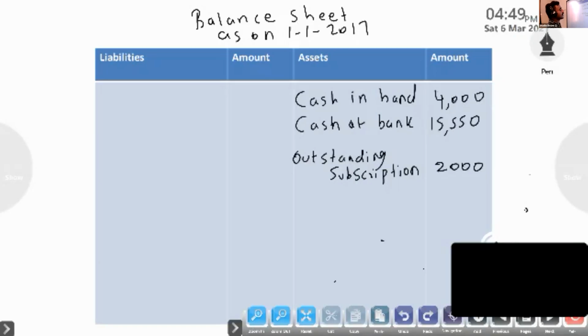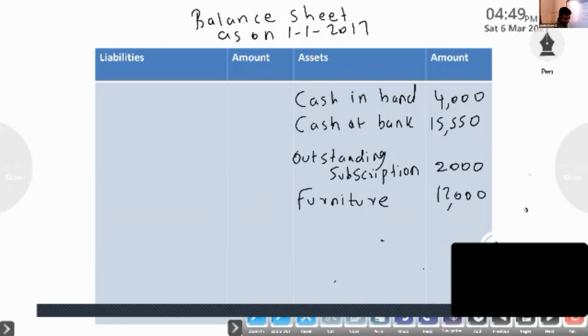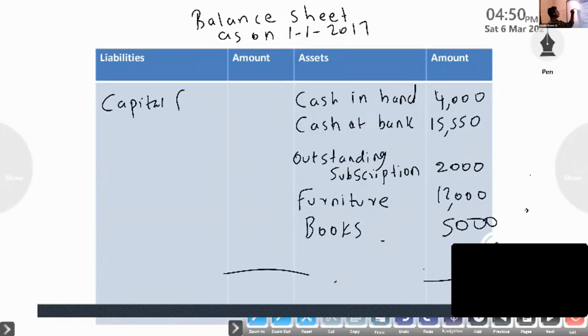Furniture. Furniture is asset or liability? The same date. Furniture, same amount. Opening we have 12,000 furniture. Books, asset. So for preparing capital fund, they gave this information 5,000. So this amount will be capital fund.